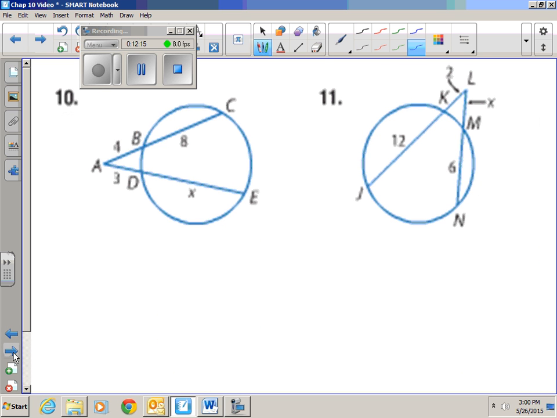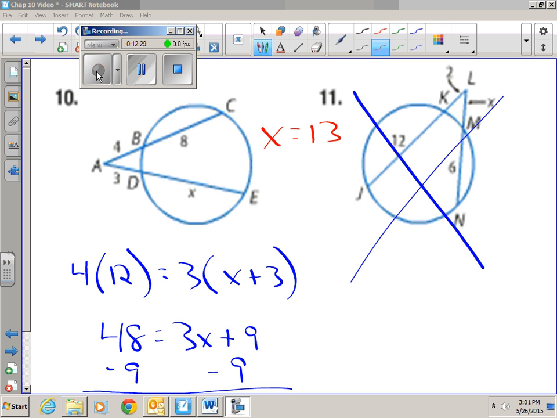You guys go ahead and try these last two, and actually, you know what? Don't try this guy because it comes out in a quadratic equation, which is pretty yucky. So just try that last one. Okay, for this last one, you should have got x is equal to 13, and we get that by using our secant power theorem.